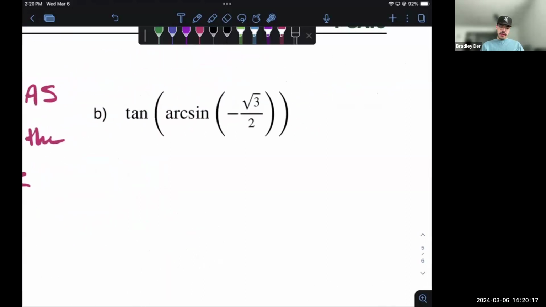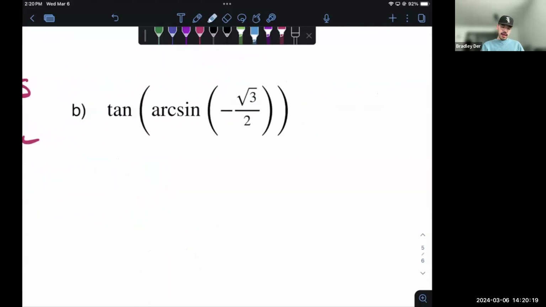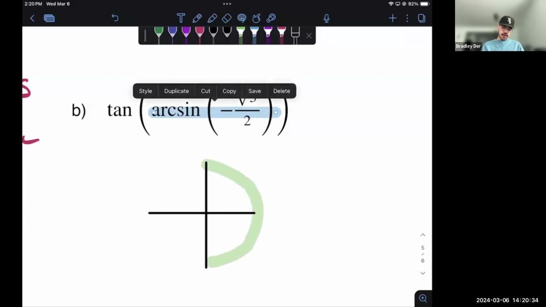Next problem. Arc sine of negative 3 pi over 2. So arc sine being in this interval here.